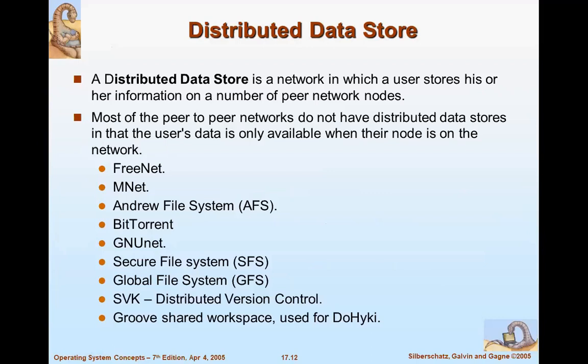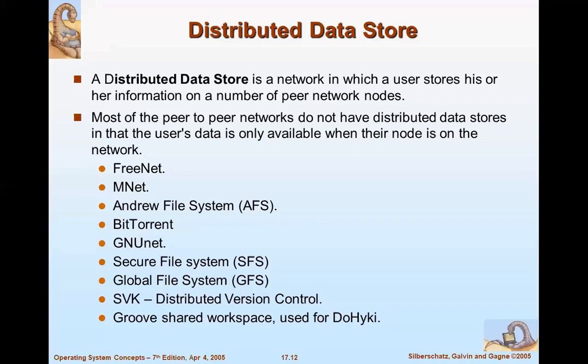A distributed data store is a network in which a user stores his or her information on a number of peer network nodes. So this is just like cloud, that you are storing data at different locations. Most peer-to-peer networks don't have a distributed data store; the user's data is only available when their node is on the network.